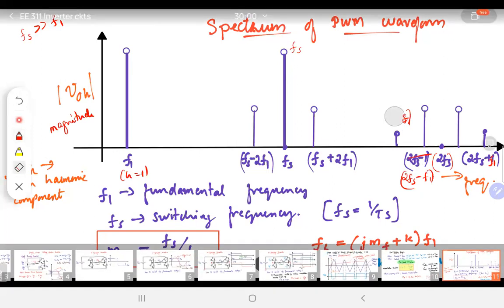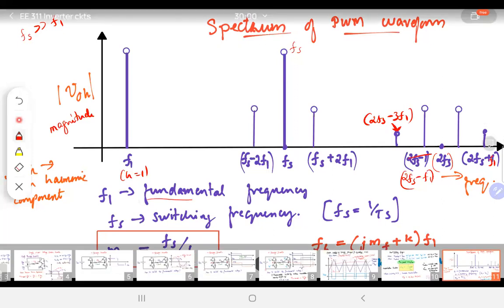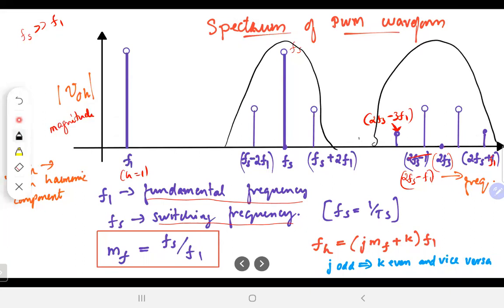Let me write it a little clearer. You will note that f1 is the fundamental frequency, fs is the switching frequency. We'll have various side lobes here. It's like this is one lobe, and this is one group of harmonic content.